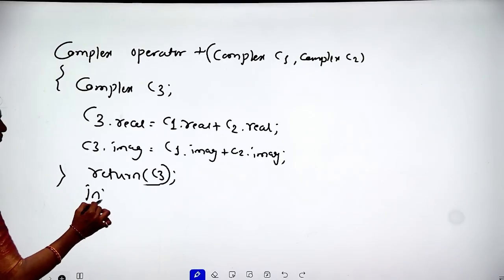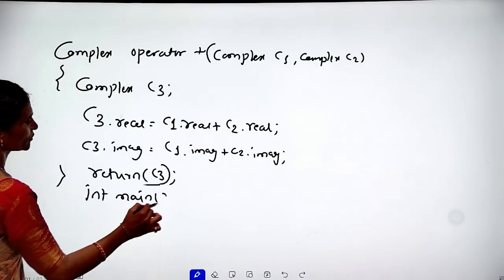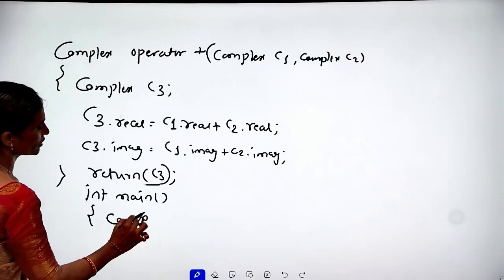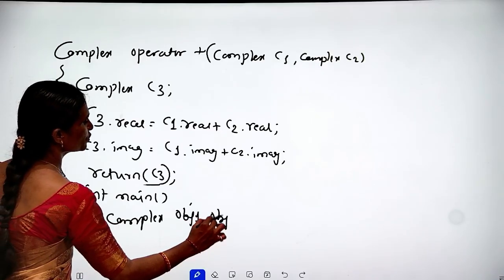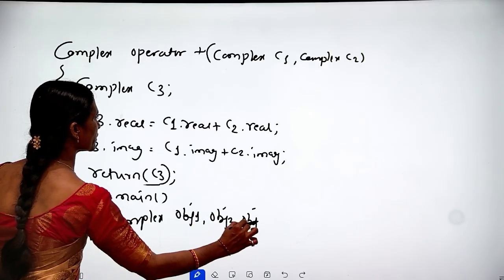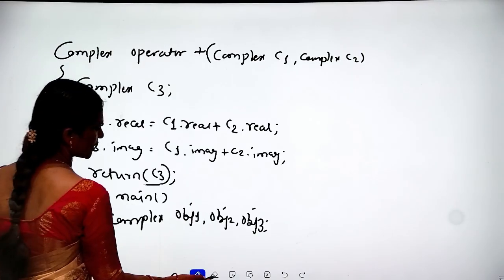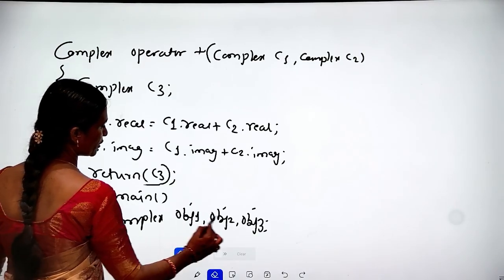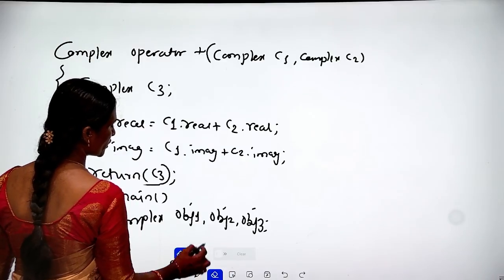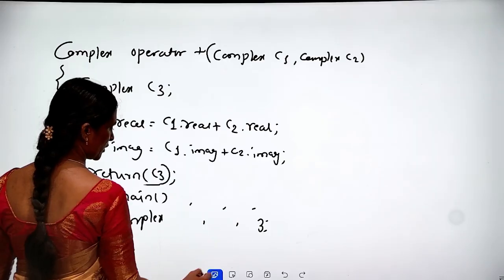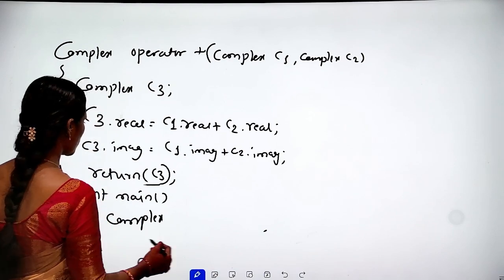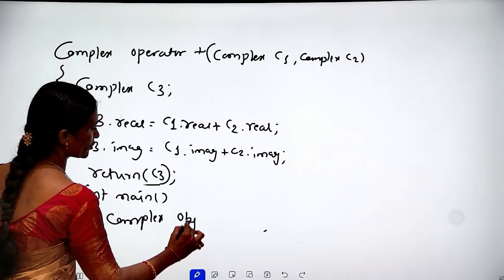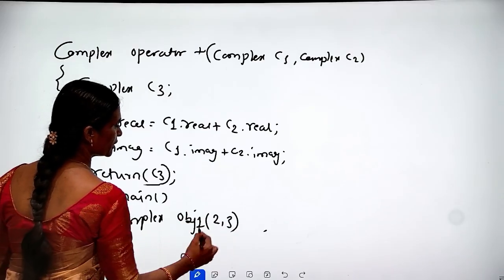Now, in main, we are going to create objects for this Complex: obj1, obj2, and obj3. Instead of the default constructor, I will use the parameterized constructor. So I will create object 1 with 2 comma 3.